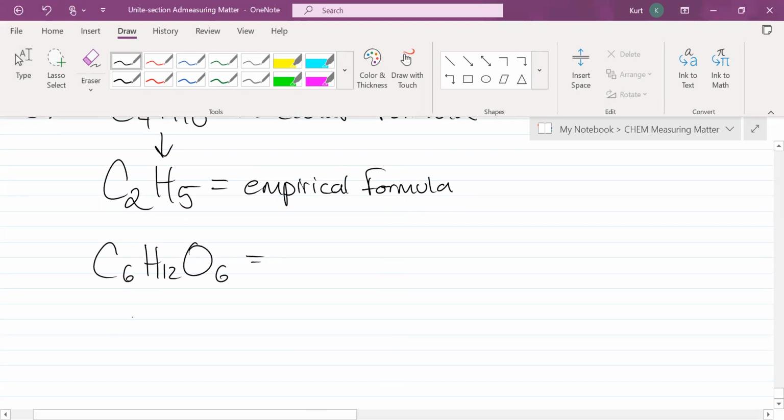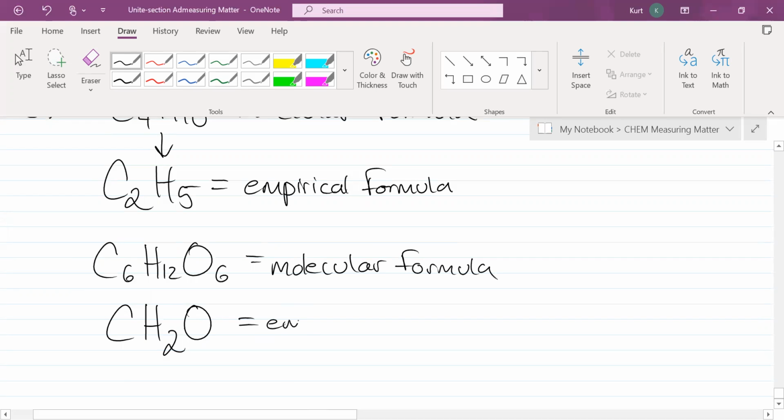It can be reduced to CH2O. That is correct. So, Scout, which one is the molecular formula? C6H12O6 or CH2O? That's right. The one that is unchanged is your molecular formula, and CH2O is your empirical formula.